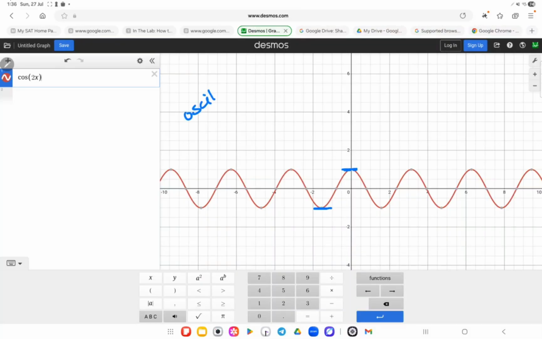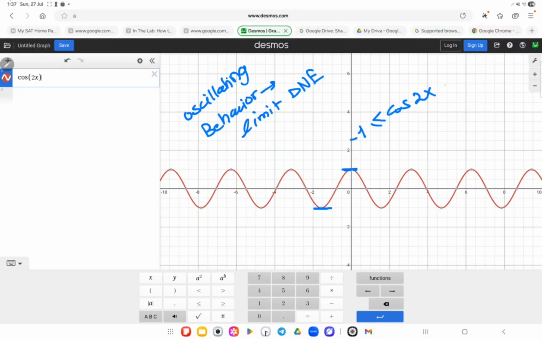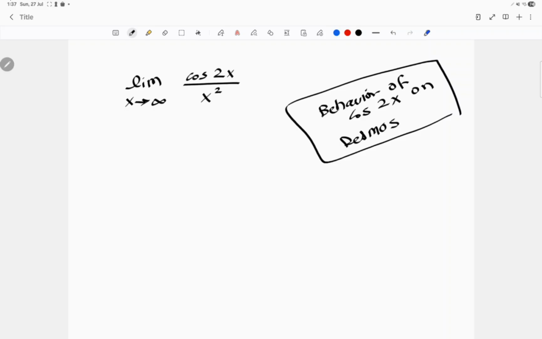If you have an oscillating behavior, can you say the limit exists? The limit does not exist as long as we have this oscillating behavior. But right now we know that cosine 2x ranges from -1 to 1. That's a start.